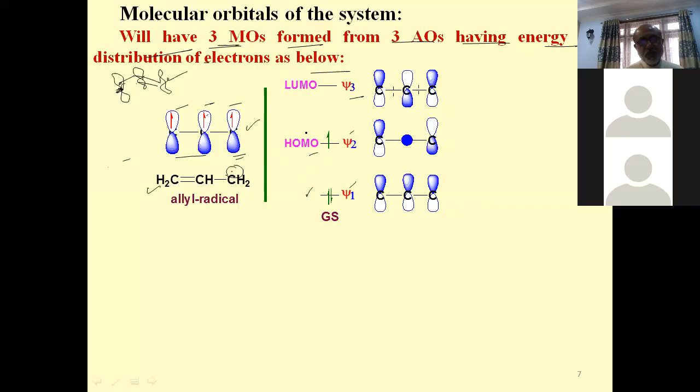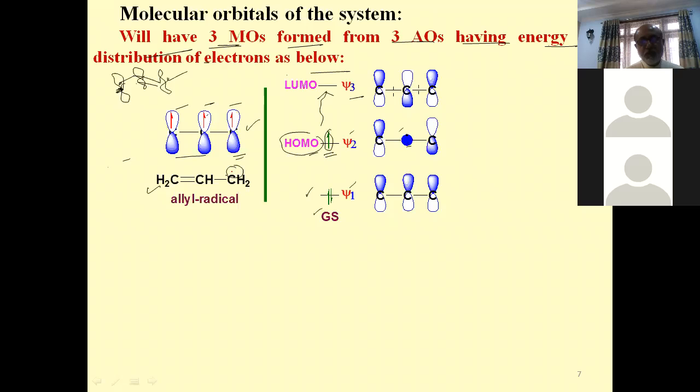So this psi 2 becomes your HOMO in the ground state, that means without excitation. But if you give photochemical energy, this electron will jump up, and at that time psi 3 becomes the HOMO. This is just like allyl anion, where we had a pair of electrons here, but here it has only 1.